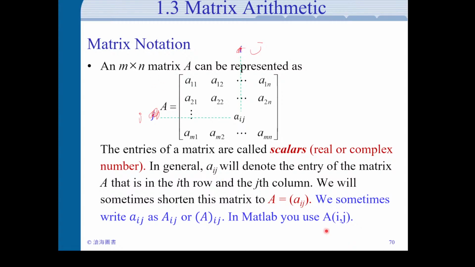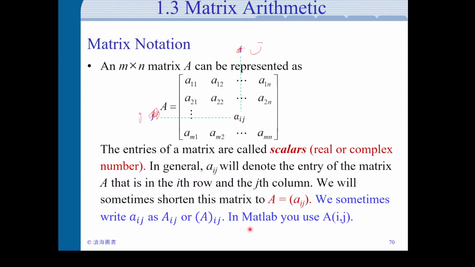So this whole matrix will be represented as this curly bracket and small aij. Okay. So curly bracket small aij is shorthand for this whole matrix, with m times n elements. And also there are more notations for this matrix element aij.